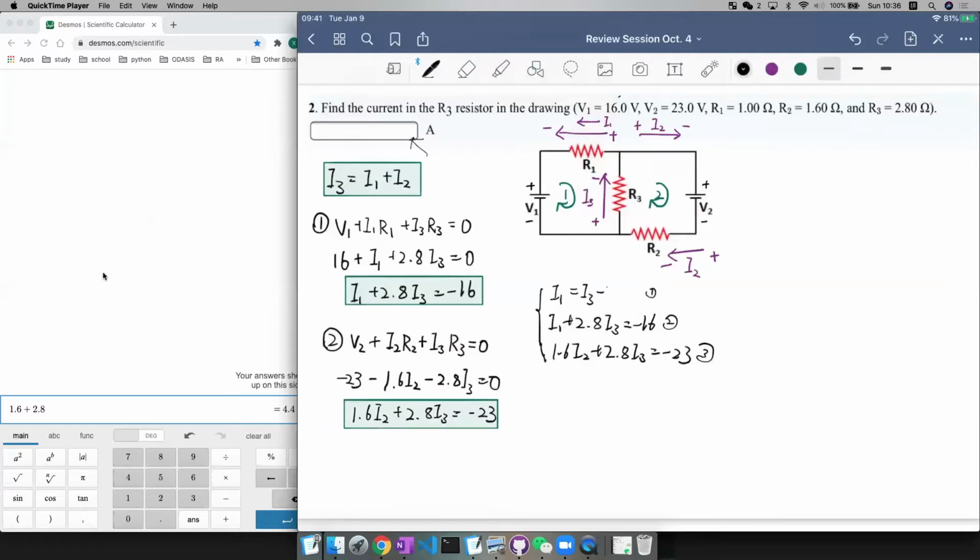I3 minus I1, I2. Yeah. And then again, okay, let me quickly write them down. So it's I2 plus, nope.